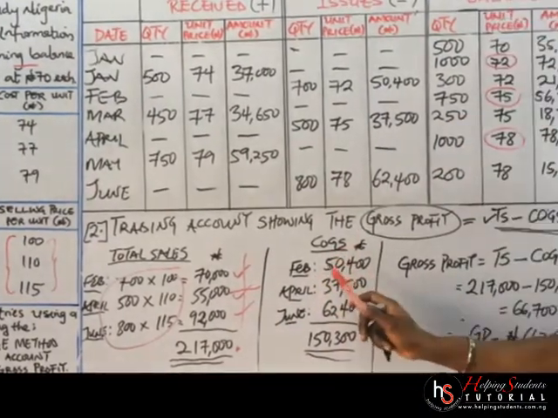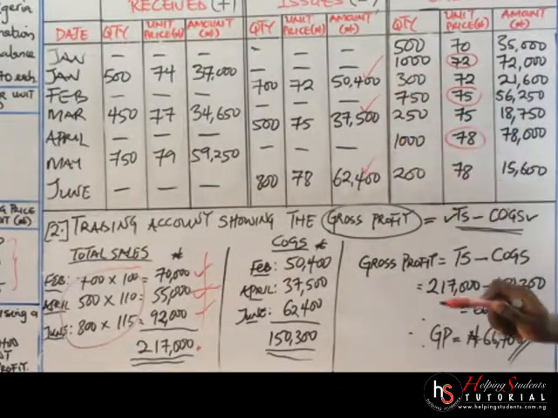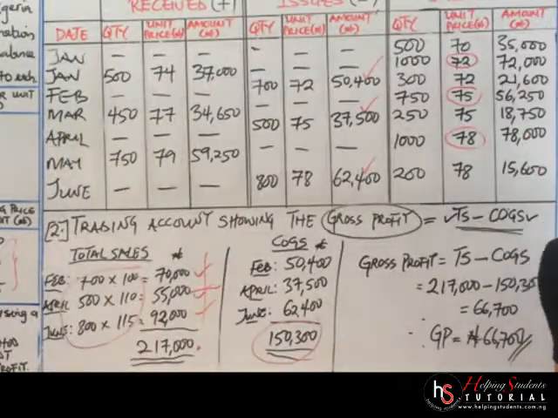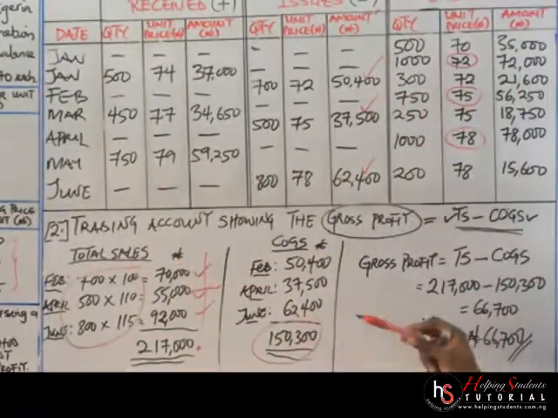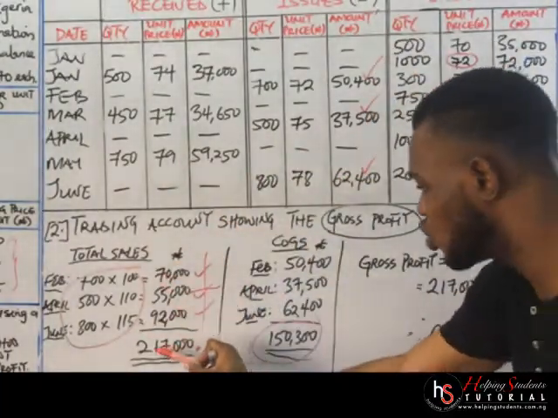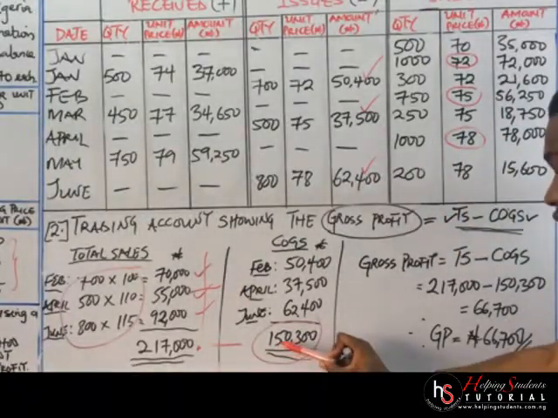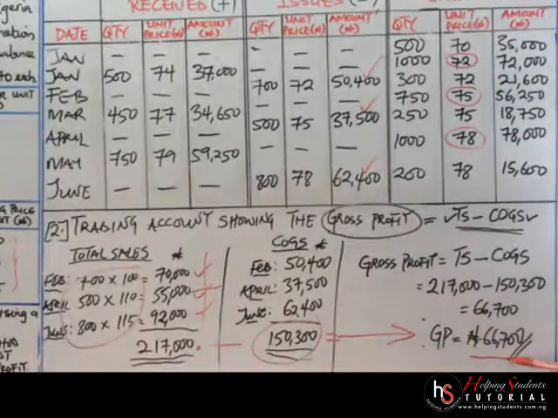Then, to get our cost of goods sold, we collected this value, this value, and this value, all right? Which gave us 150,300. Now, to work with the formula that says total sales minus cost of goods sold, we have our total sales as 217,000 minus 150,300, which is equal to this value we have here, 66,800.